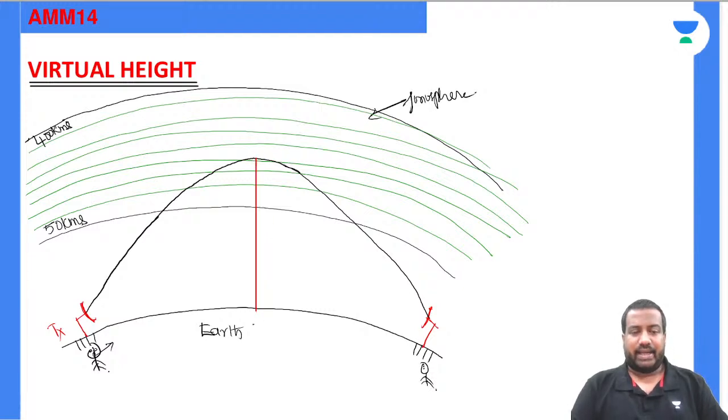This height is called actual height, given by h. This is the actual height up to which the wave has penetrated into the ionosphere before coming back to the receiver point.